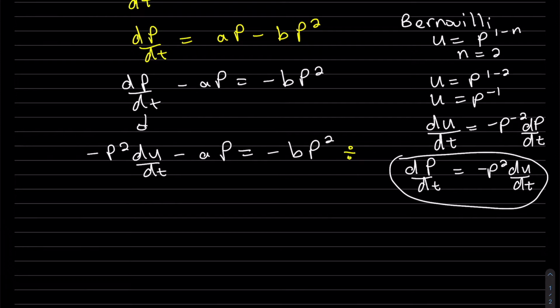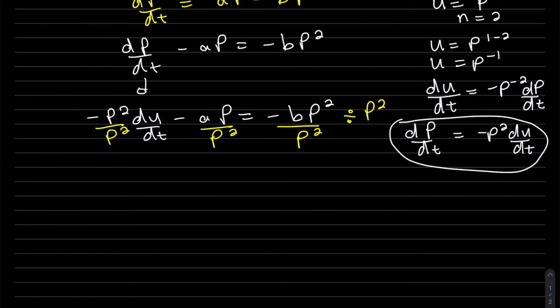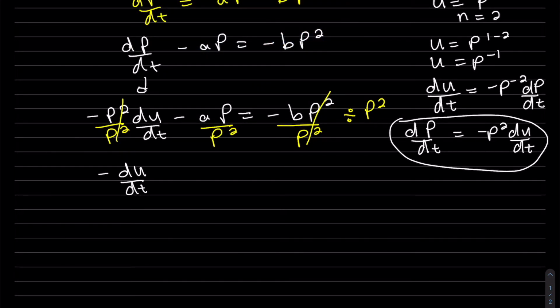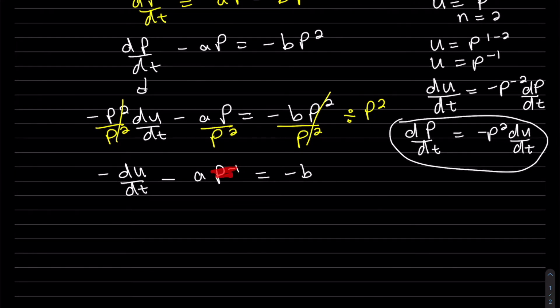We'll have what we need if I divide by P squared everywhere, because it showed up in 2 of the terms. And it looks like this is my u.